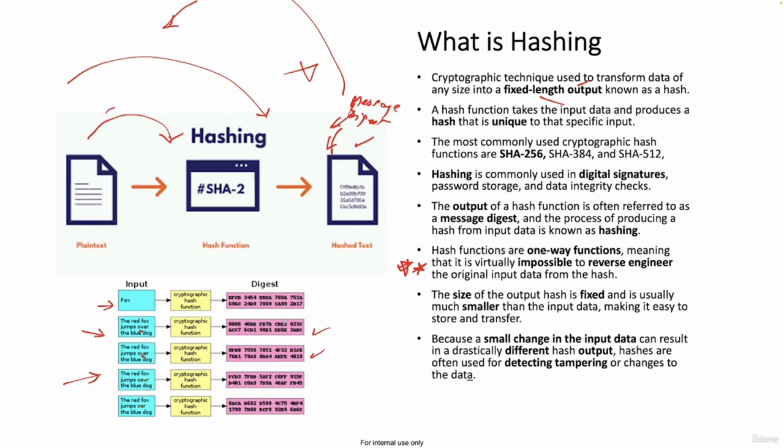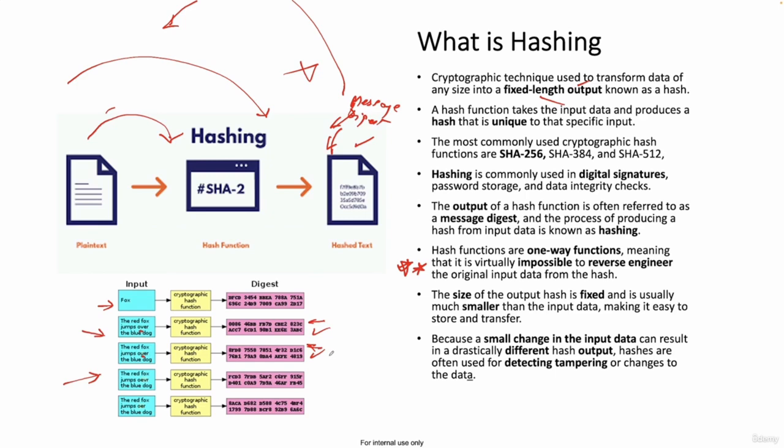No, because if you see, the digest has changed. This digest is different from this digest. That is the whole basis of hashing: even if you make a small change somewhere, even if you put a space or some character somewhere, your digest will change, which will tell the end user that this message has been tampered with. So very important, guys, we learned about hashing.